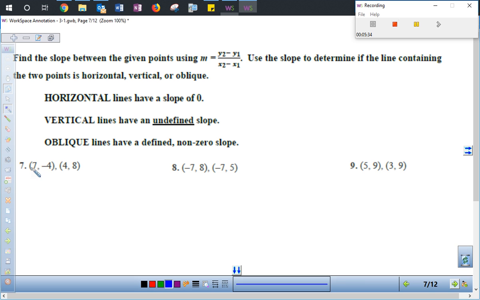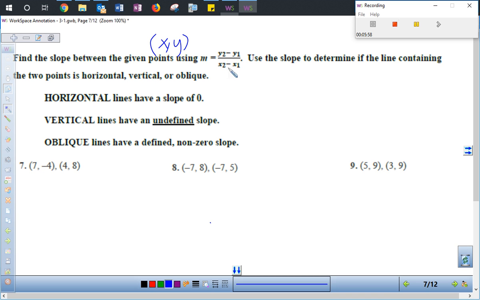So on number 7, they gave me two ordered pairs, 7, -4 and 4, 8. We need to take this information and substitute it into this formula. This formula has x's and y's, which is good because that's how we write an ordered pair, x, y. But what's different about this formula is we have subscripts: y sub 2, y sub 1, x sub 2, and x sub 1.